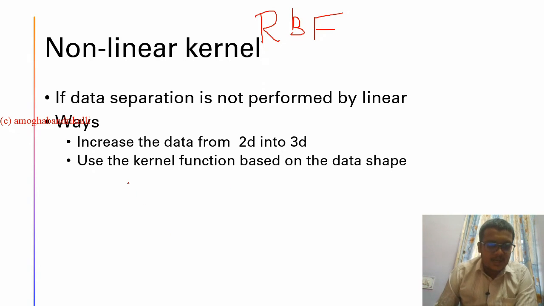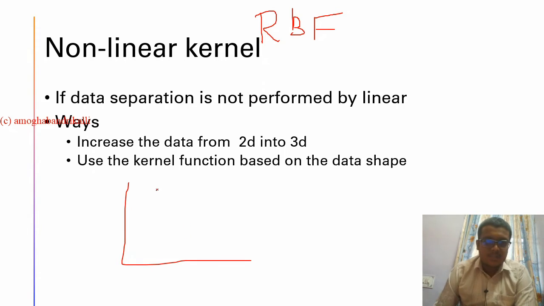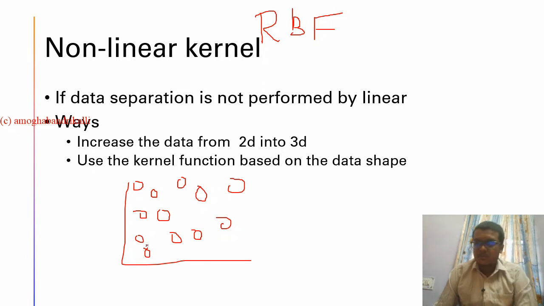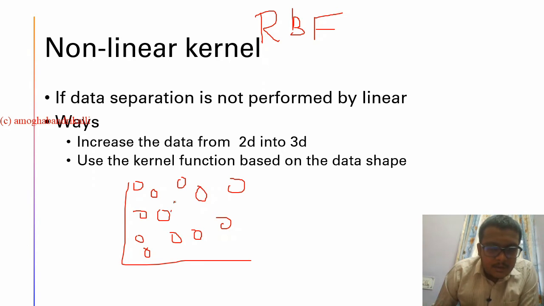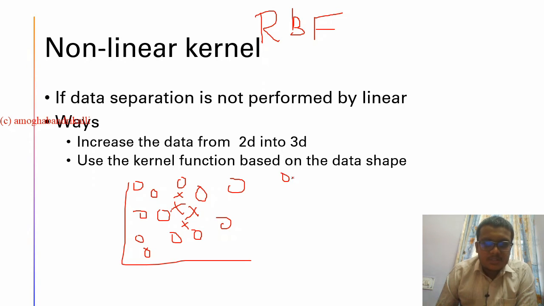If your data is non-linear, see like this. So this is a data. This is class 1. This is class 2.